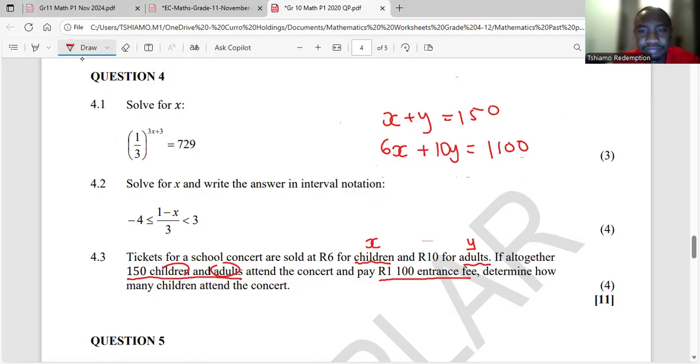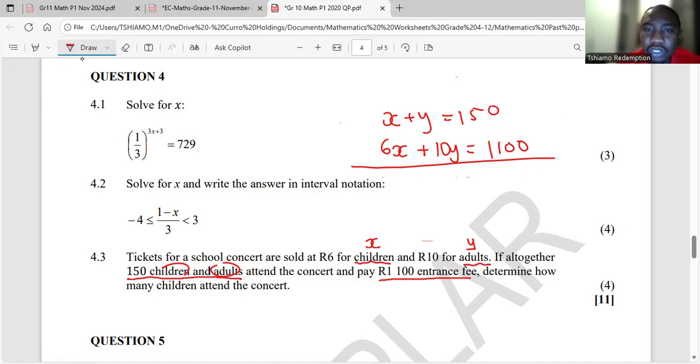You can see from there, and then you need to just solve how many children have attended the concert. So the main ways to do it, you can do substitution or elimination. I always recommend substitution method, but I'm gonna do elimination method to save time, because in grade 11, you're gonna have to get familiar with using substitution method.